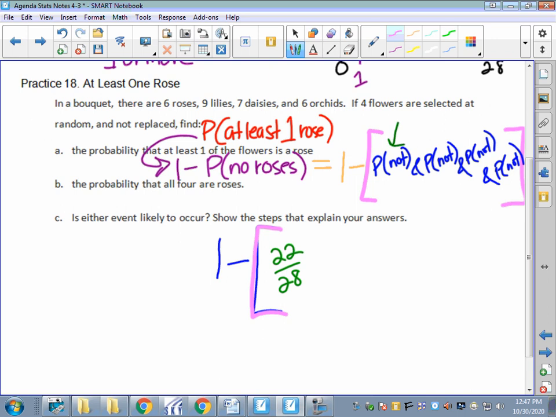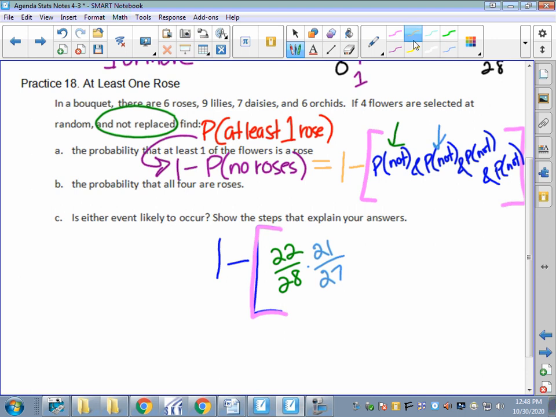The second one, did you notice in the directions it says we're going to select a flower and then we're not going to replace it. So what does that do for the number of flowers that we've got in our bouquet? We've now got 27 flowers. How many of them are not roses? 21. So that's that second one.